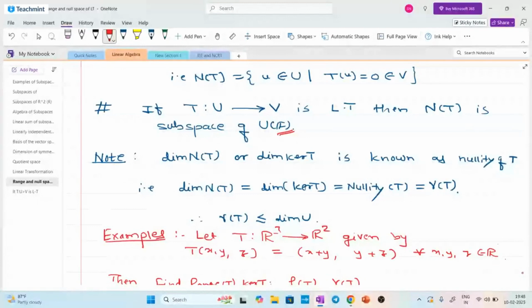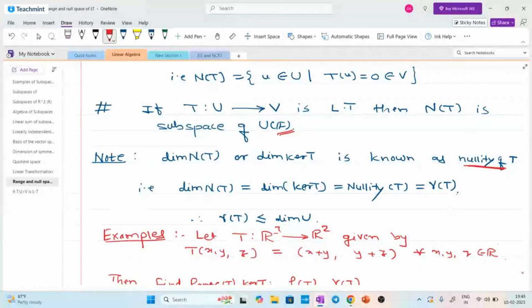The dimension of N of T, the null space of T, also called the kernel of T, is known as the nullity of T. That is, the dimension of null space of T equals the dimension of kernel of T equals the nullity of T, which we denote by gamma of T.